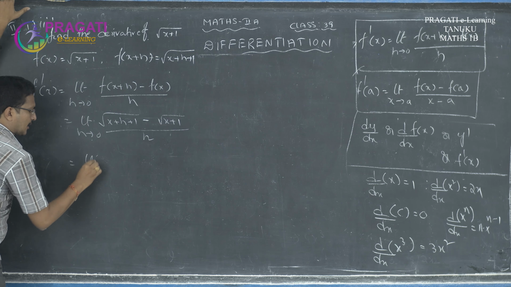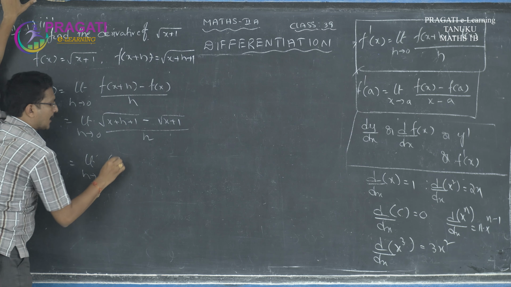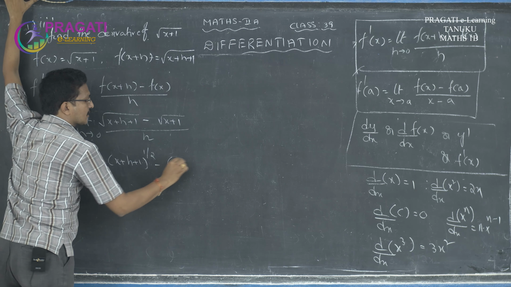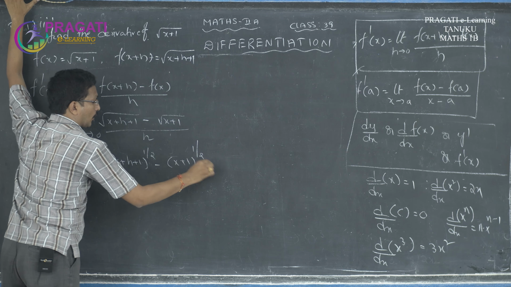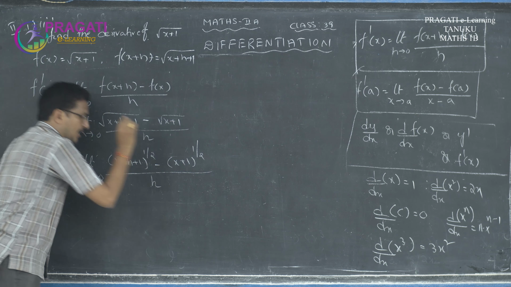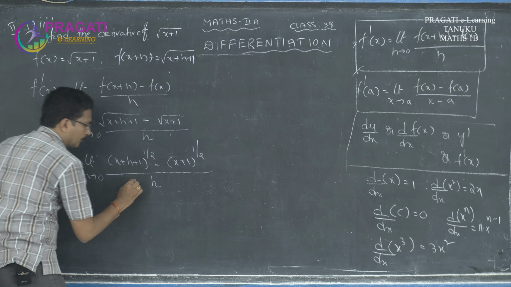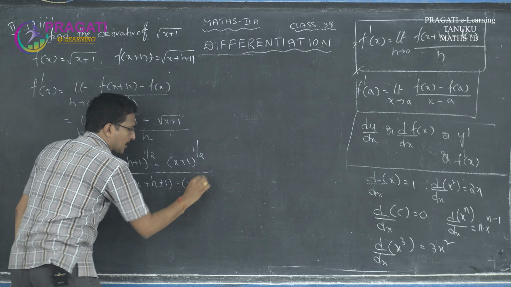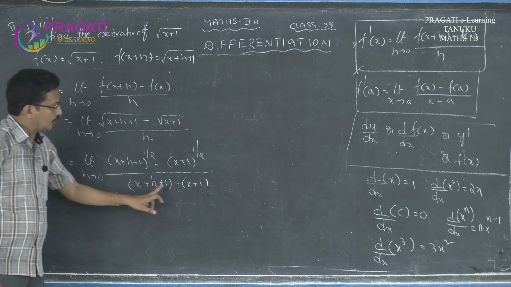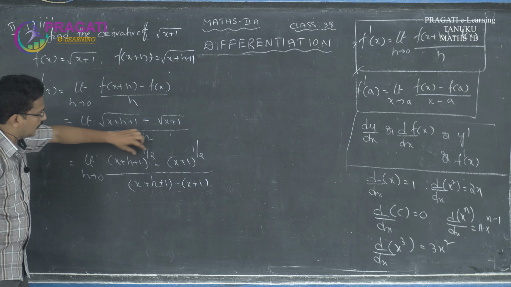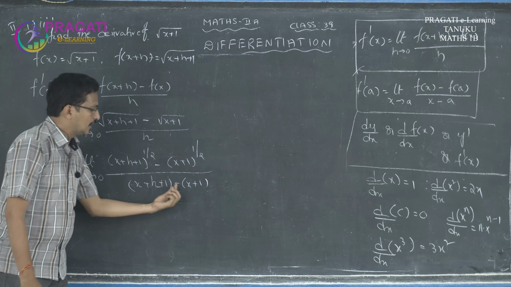It can be expressed as limit h tends to 0, x plus h plus 1 whole power 1 by 2 minus x plus 1 whole power 1 by 2. Here root means whole power 1 by 2. Here the denominator is h. To add and subtract x plus 1, there is no change. Here the formula is x power n minus a power n by x minus a.